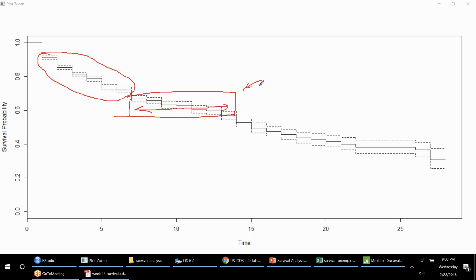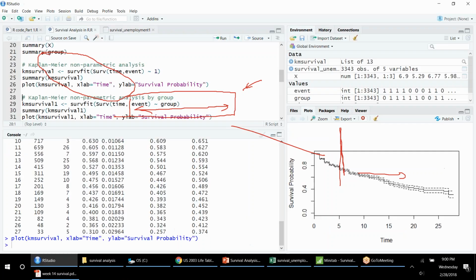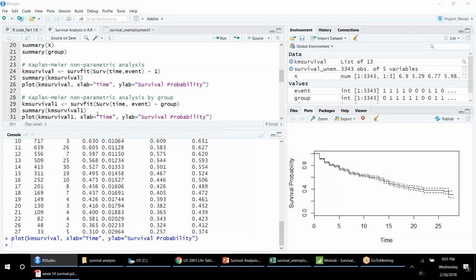That means not many people have got jobs in this area at this particular time. But again, after some time, it was getting better. Again, after here, the unemployment rate is still strong. There are very few people who are getting employed after 20 months. So this is the interpretation that we do from the graph.